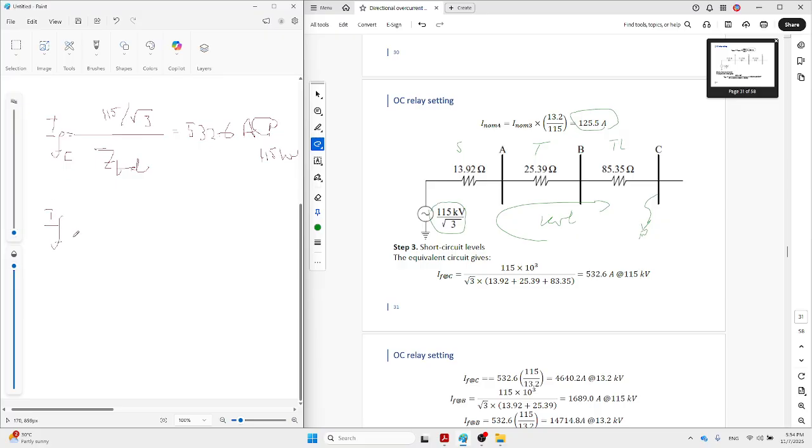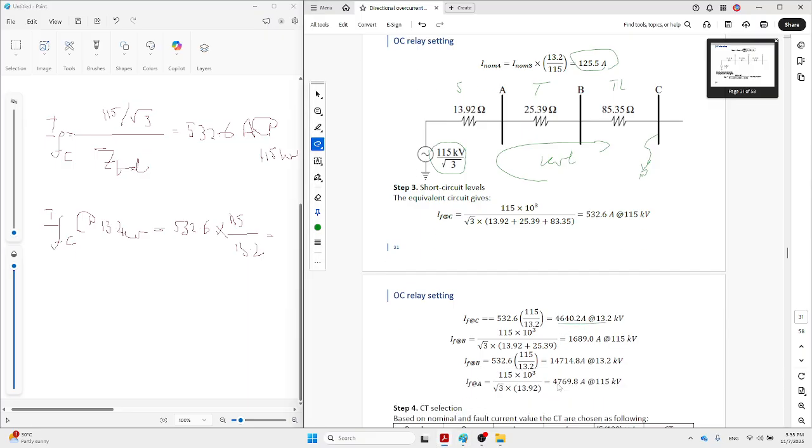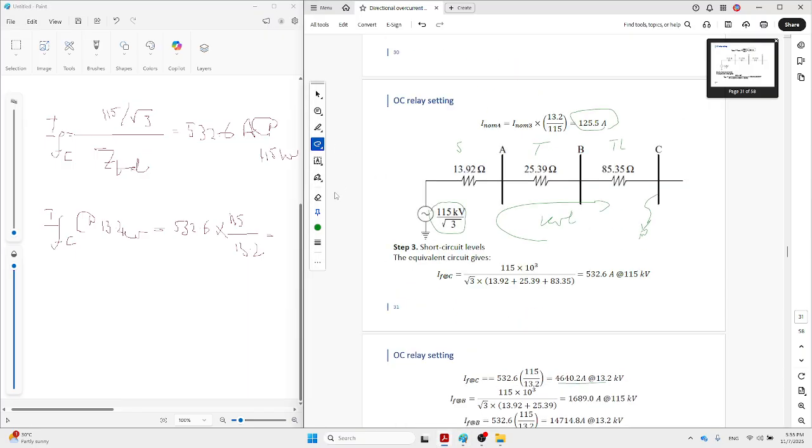The fault at C for voltage 13.2 kilovolt is the same value, 532.6 times 115 over 13.2. So you can find the value here. For bus B, which is here, the fault current can be calculated with the same idea using KVL.